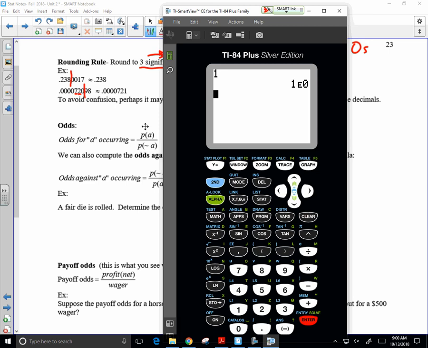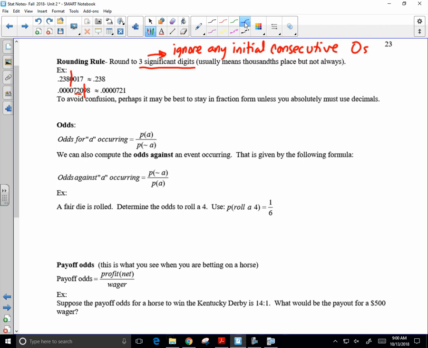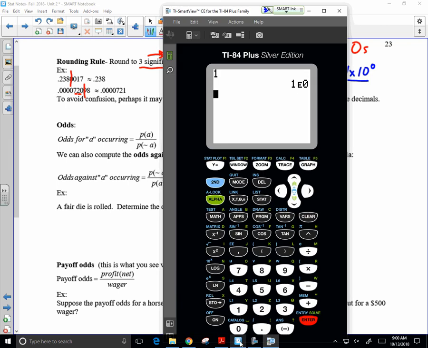Okay, so if you have it in its more notable format, it's a little easier to see how that's equal to 1, because 10 to the 0th is equal to 1 and 1 times 1 is 1. Now if I take this ghastly looking decimal here, 0.0000721, hit enter, and it converts it over like this.